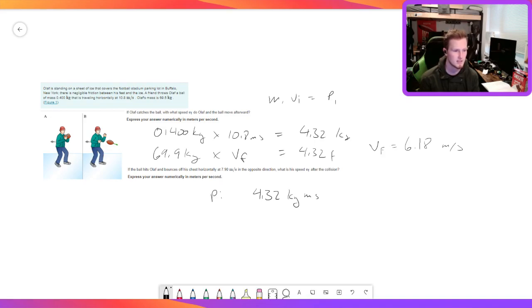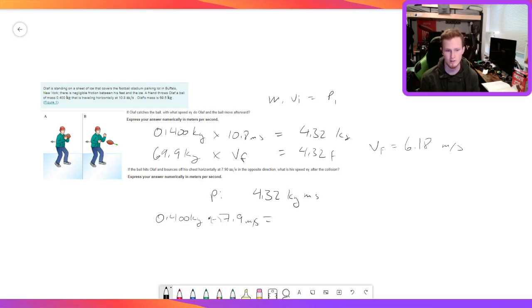Now, in this case, we're going to have the ball of, again, 0.400 kilograms. It's going to bounce off him at 7.9 meters per second in the opposite direction. So technically we can't have a negative speed, but I'm just going to put it in little parentheses there because it's technically going in the opposite direction.